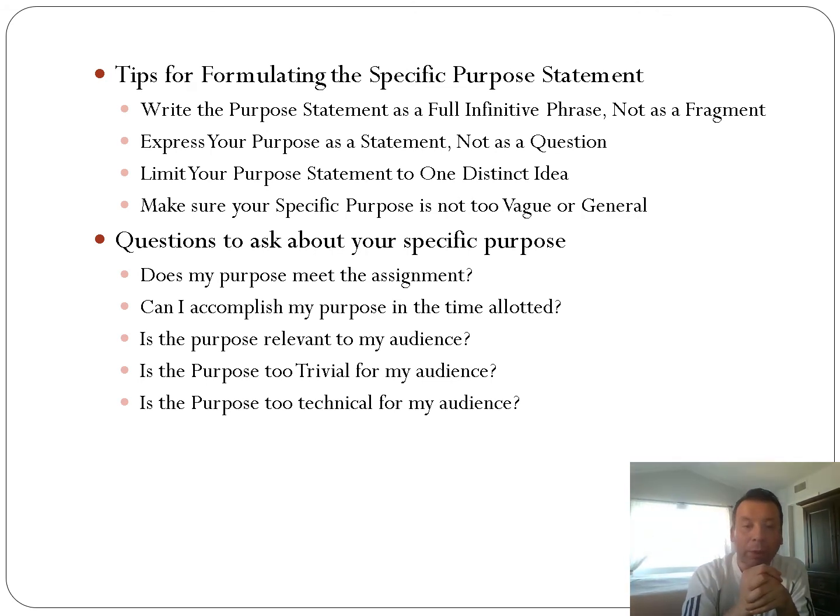Or any war, or really just any event. It really doesn't matter. The point is that anything that you choose, whether it's about a person, place, thing, event, concept, idea, whatever it is, you actually think about, can I fit in as much information as I can without being too vague and without being too general within 3 to 5 minutes, 4 to 7 minutes? Chances are you probably can.